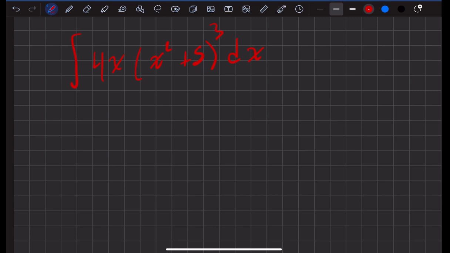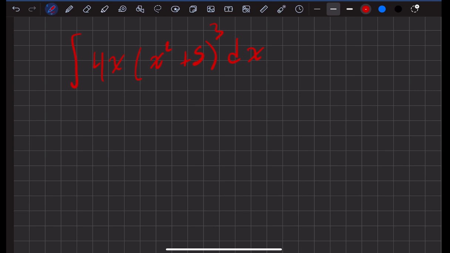We can't use our principles to integrate between these two very easily, or anything inside of the parentheses, or handle this exponent. There are a lot of different complications that make finding the antiderivative of this equation fairly difficult. But one of the easiest steps we can start off with is this u-sub method.